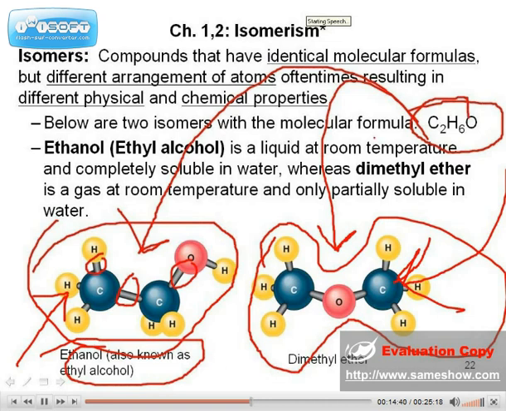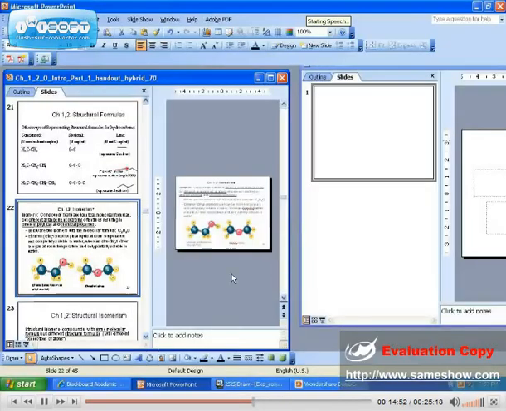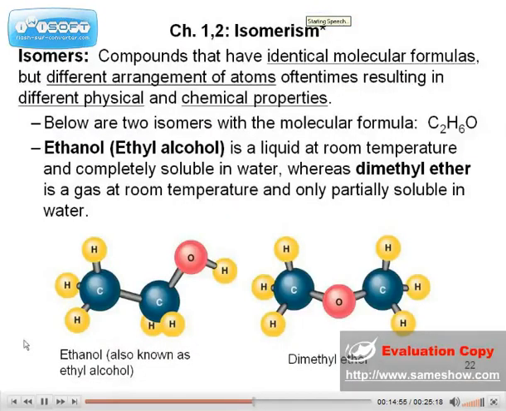Notice, same molecular formula, but different connections. And nature really likes this because whenever you change the connections, automatically, and please do me a big favor, underline this, the minute you change the connections, you change the physical and chemical properties.